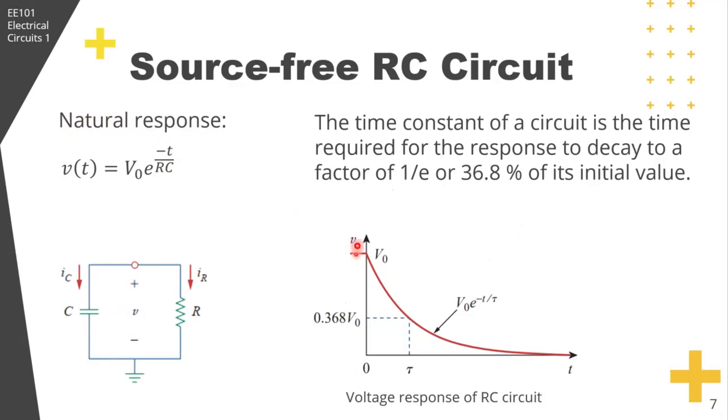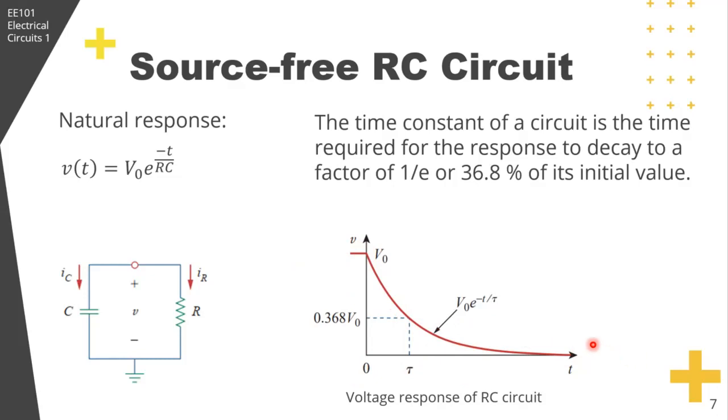Then if we consider this graph, it shows the voltage response of the source-free RC circuit. At t equal to 0, our voltage is the initial voltage v at 0. Then as time increases, the voltage decreases towards 0. Now how fast does it decrease from v sub 0 toward 0?